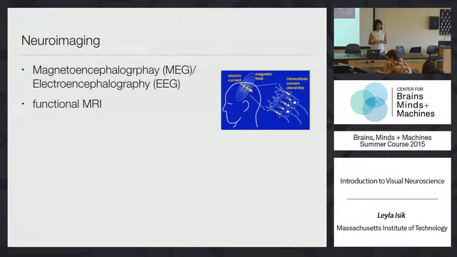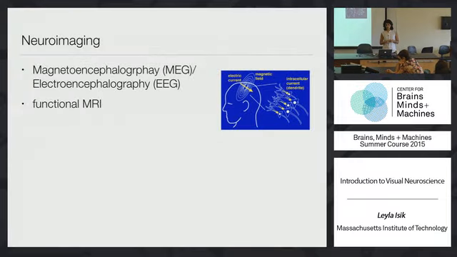So the question was about, I don't know if everyone heard, the temporal scale of MEG. So it's millisecond temporal resolutions. I think you can maybe even get higher. fMRI, on the other hand, usually has a temporal resolution of seconds, a couple seconds. But the spatial resolution of fMRI is on the order of millimeters, whereas it's more like centimeters in MEG.